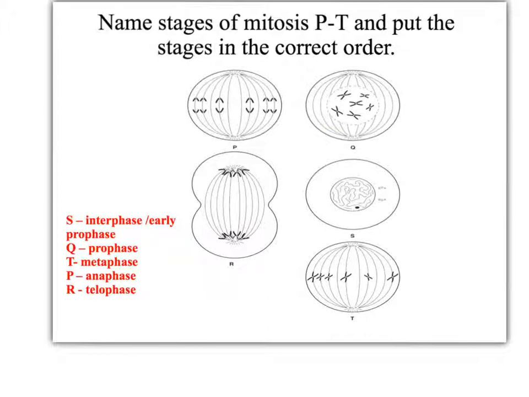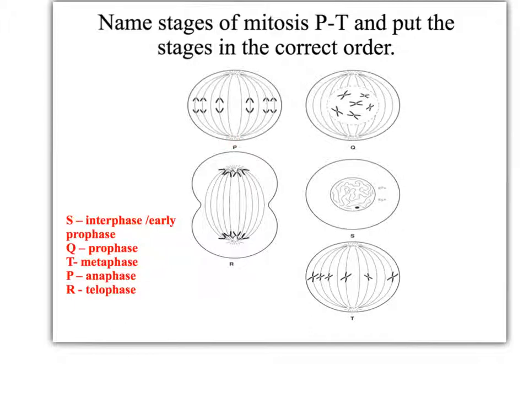The spindle fibres will then help move the chromosomes to the middle or equator of the cell. This is metaphase. The spindle fibres then contract and the centromere splits. So now the chromatids come apart and start to move towards the poles of the cell.